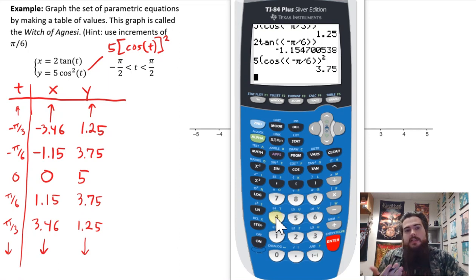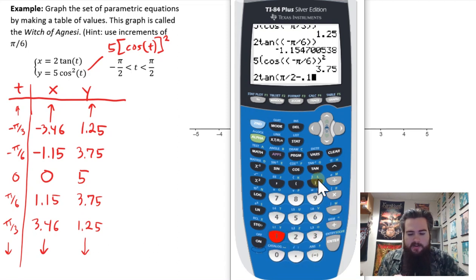If you would like to test a value, for example, pi over 2 minus 0.1, that would be something that's close to pi over 2, but not quite.